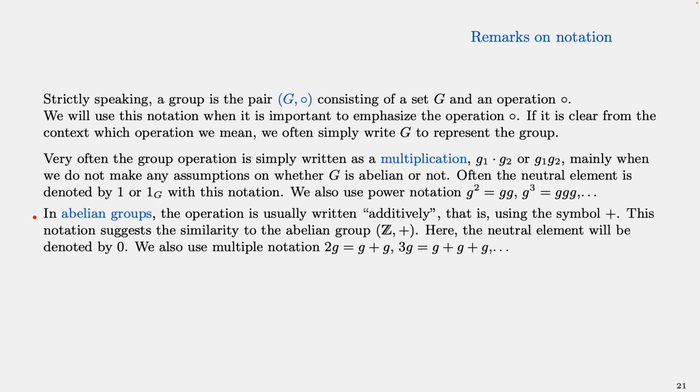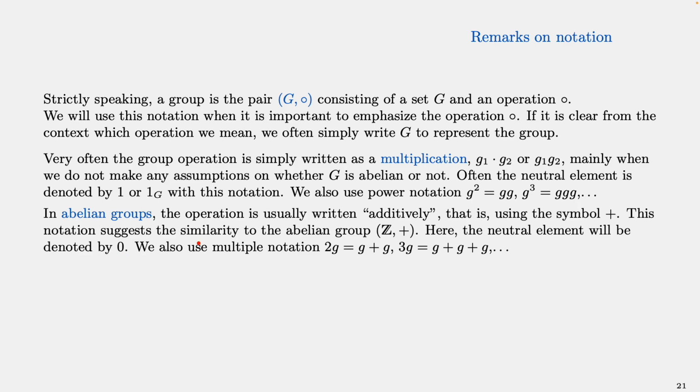When we're looking at abelian groups, we usually write them additively. That is, we use the symbol plus for the operation on the group. And this is done to suggest a similarity with the abelian group of the integers Z with plus, with the addition. And here the neutral element will be denoted by 0, again in similarity to the integers.